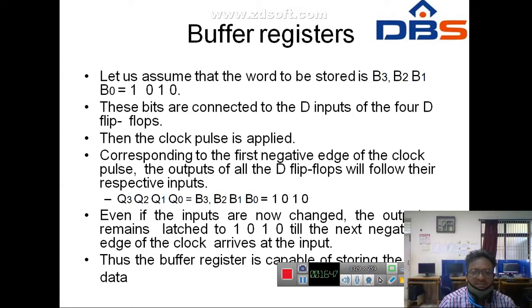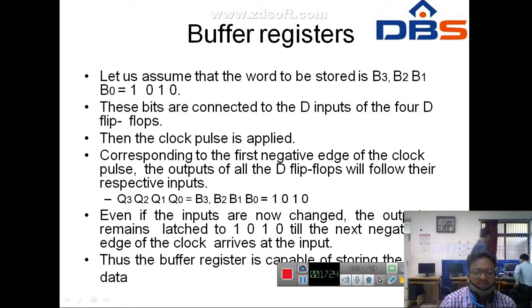These bits are connected to the D inputs of the 4 D flip-flops. Then a clock pulse is applied, and on the first negative edge of the clock pulse, the outputs of all the D flip-flops follow their respective inputs. So Q3, Q2, Q1, Q0 equals B3, B2, B1, B0, and we get 1 0 1 0. Even if the inputs are now changed, the output remains latched to 1 0 1 0, because there is no triggering clock pulse until the next negative edge of the clock arrives.